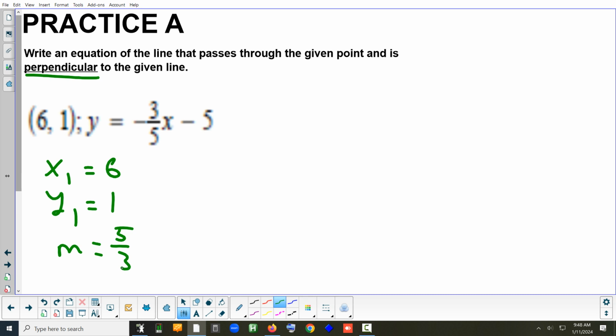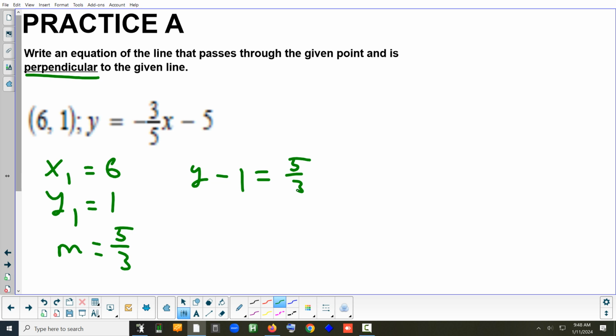Okay, what comes first? Y. Yep, and then right after y, minus. And then in this case, y1. Sam, what comes after the equal sign? The x, and in this case it would be 5 over 3.